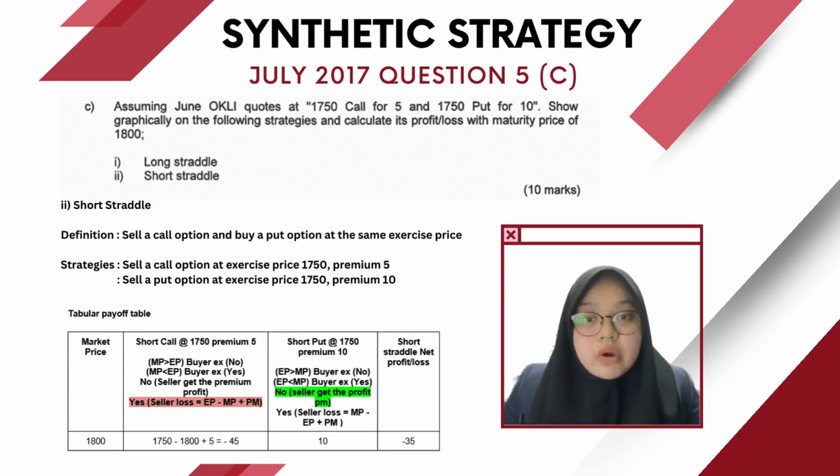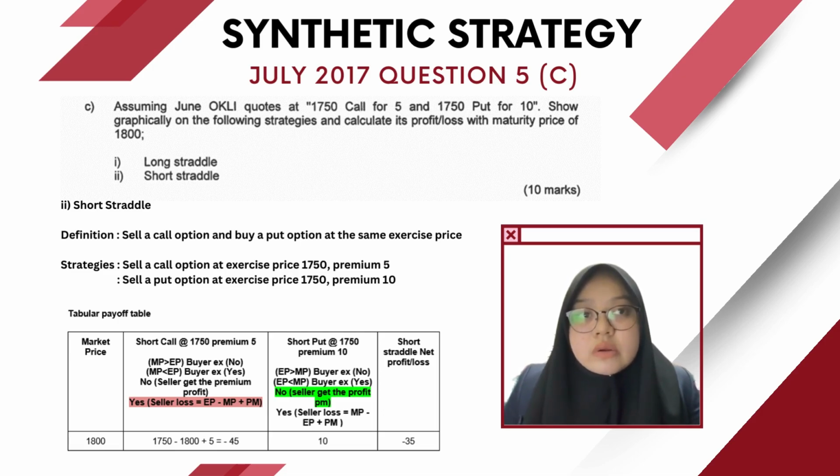So the tabular payoff table is the first one we have market price, which is 1,600, and then short call at 1,750 at premium 5, and we have short put at 1,750 at premium 10, and the last one we have short straddle net profit or loss. So when the market price is above the exercise price, of course the buyer will profit, which is in the money.